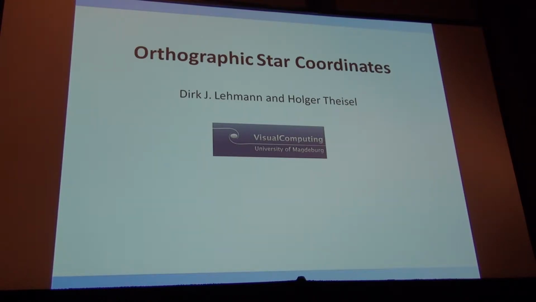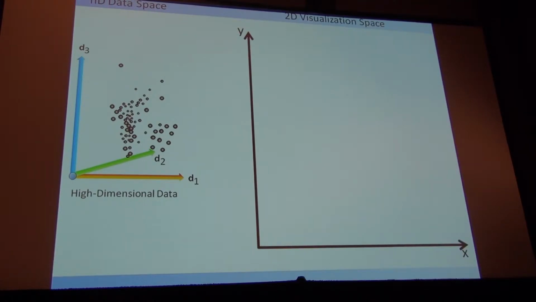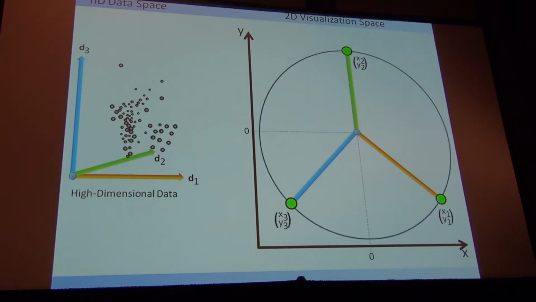So first of all, I would like to introduce multi-dimensional projection approaches in general. For this we consider a high-dimensional data set, which is embedded in an n-dimensional data space. Each axis D of this data space is associated with a 2D representation, X and Y, in a 2D visualization space, which might look like this scheme here.